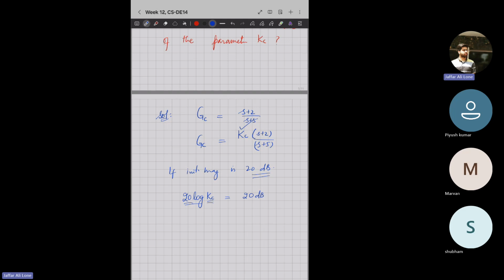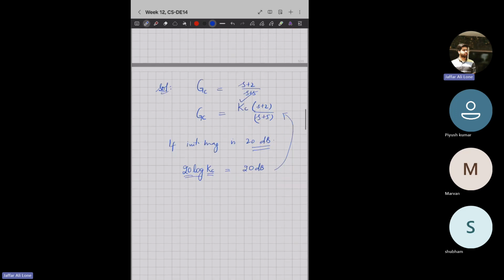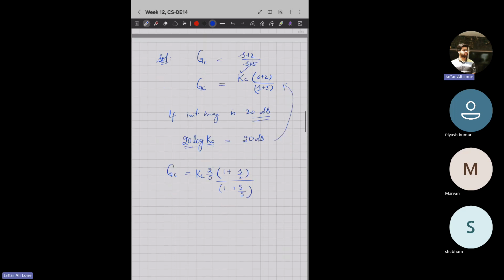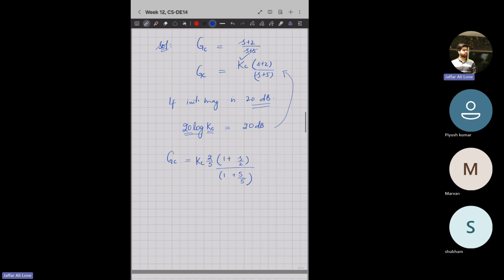But what is Kc? In this case, the transfer function should be in time constant form, but it is not. So first we will write Gc in time constant form: it will be 2 by 5, into 1 plus s by 2 divided by 1 plus s by 5, and here will be Kc. So what is my net gain? When I wrote the transfer function in time constant form, I got 2 Kc by 5.